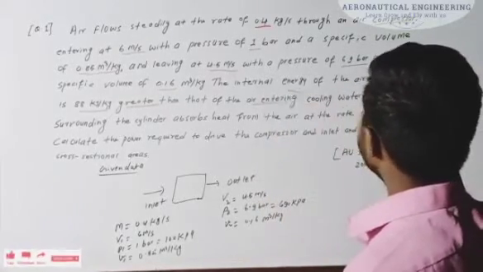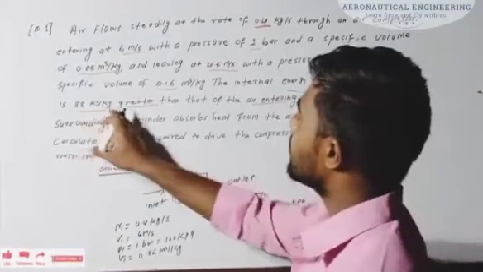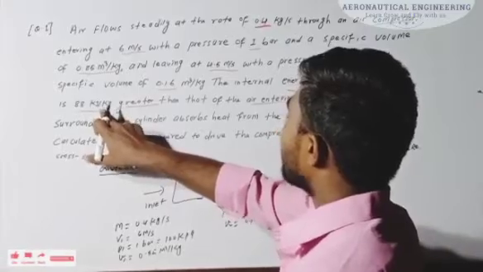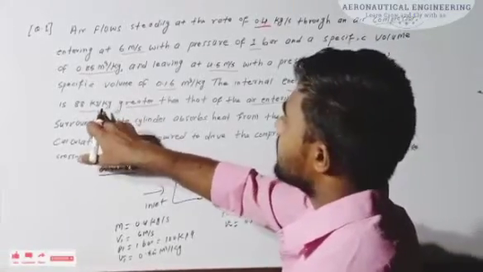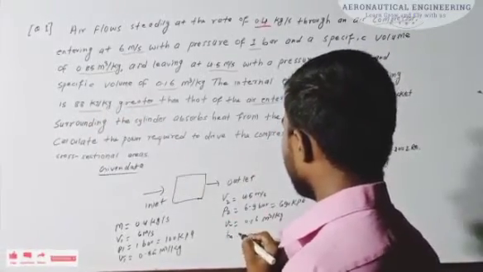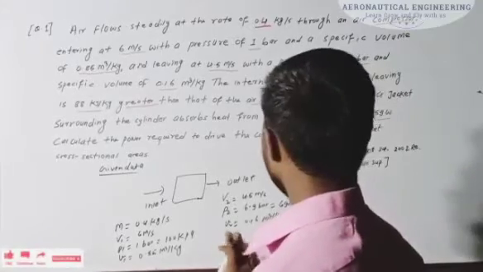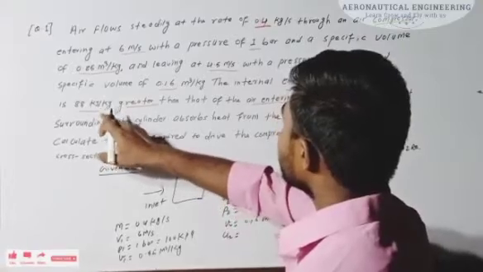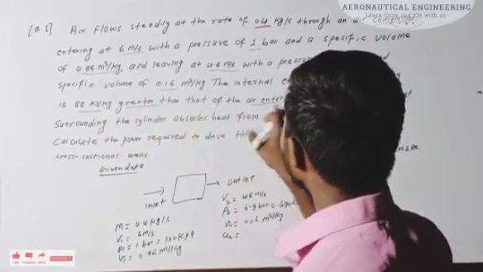The internal energy of the air leaving is 88 kilojoule per kg greater than that of the air entering.